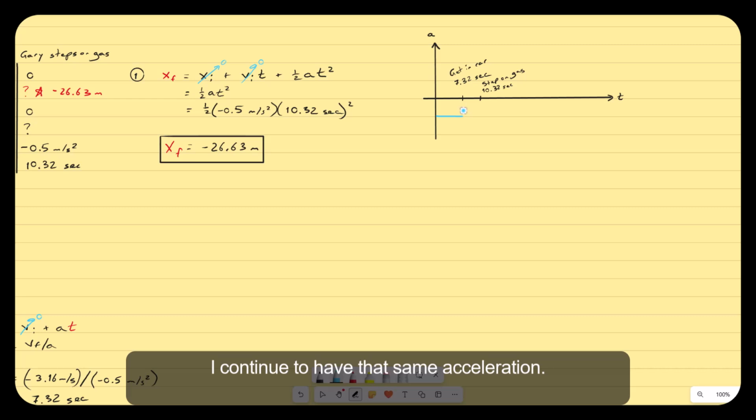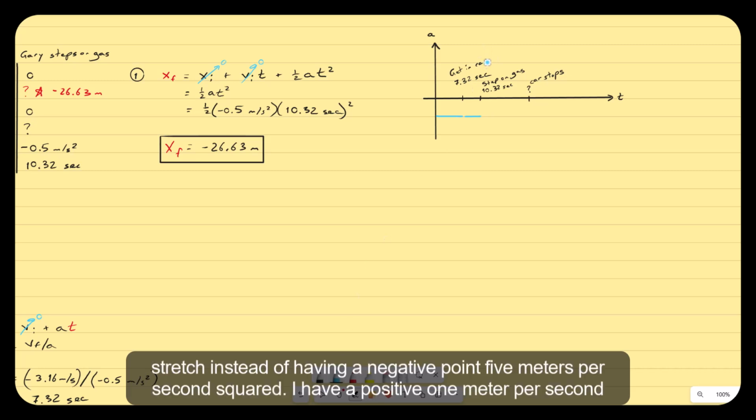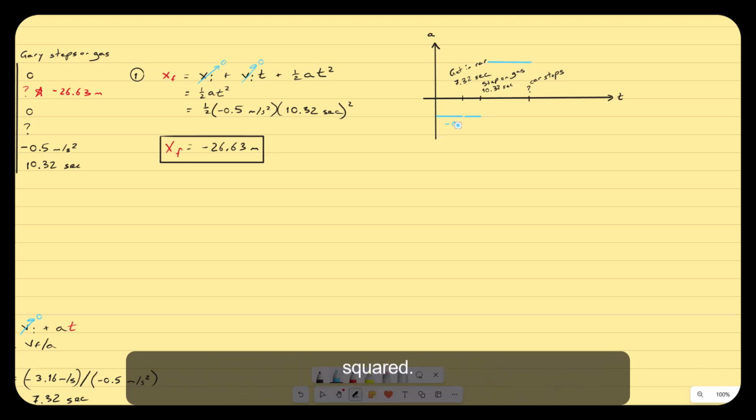I continue to have that same acceleration. Then I'm going to step on the gas, and after a while, I don't know the time, but the car is going to come to a stop. For that stretch, instead of having a negative 0.5 meters per second squared, I have a positive 1 meter per second squared.